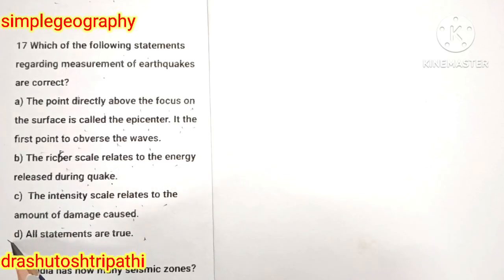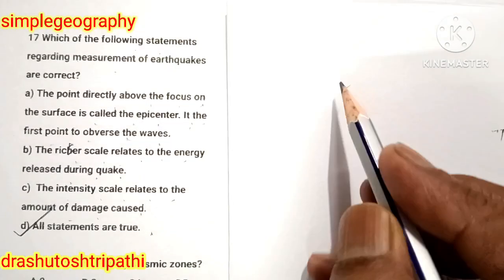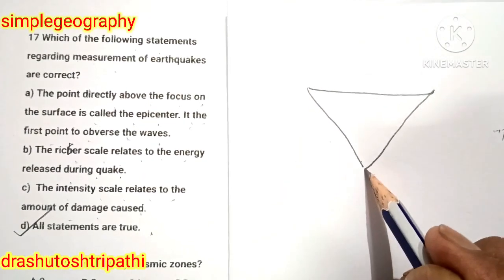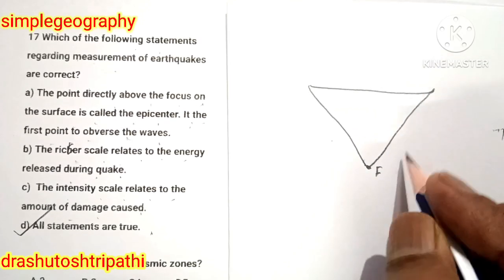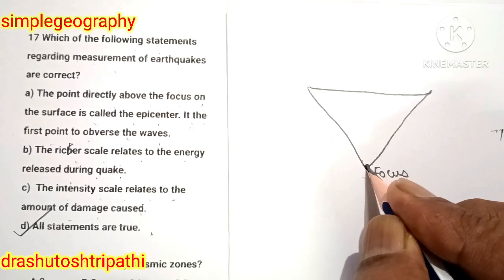The answer is D. If we see the picture, this is the point focus, where the earthquake originates first.